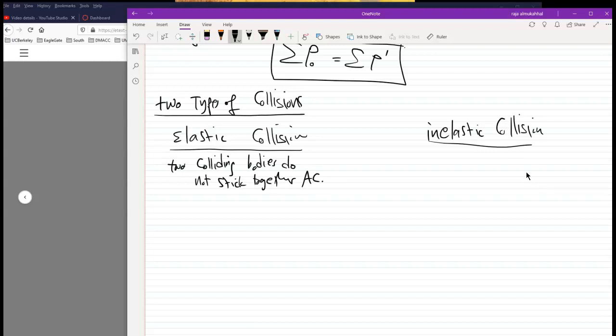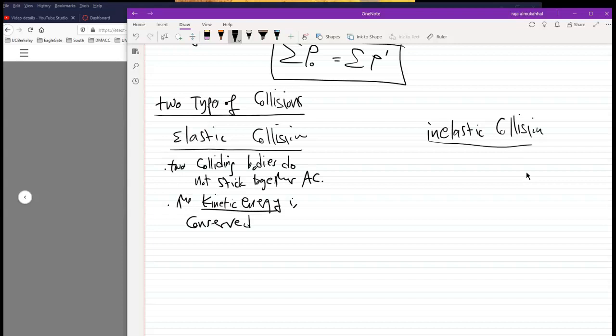But really, this is not the true aspect. The most important thing about elastic collision is that the kinetic energy is conserved. I didn't say energy, I said kinetic energy. I'll come back to it in a sec.